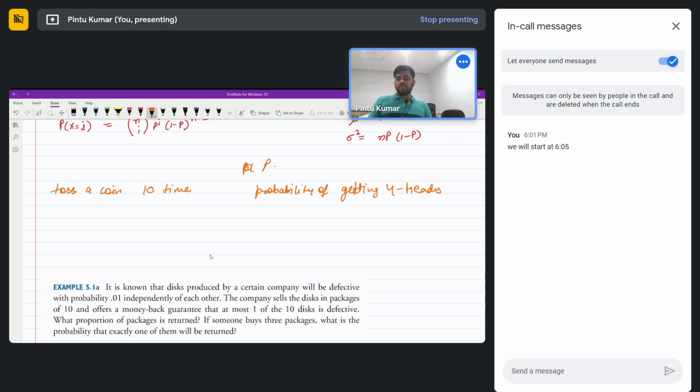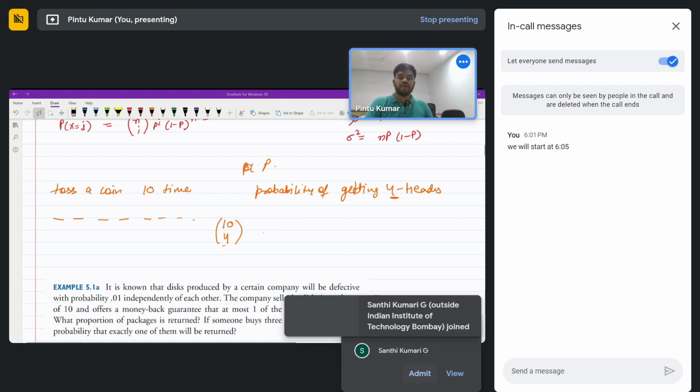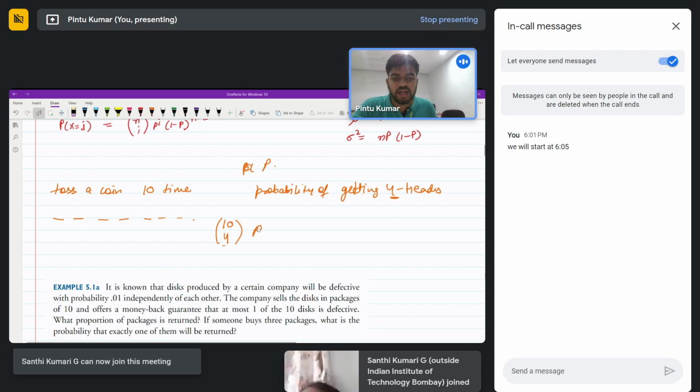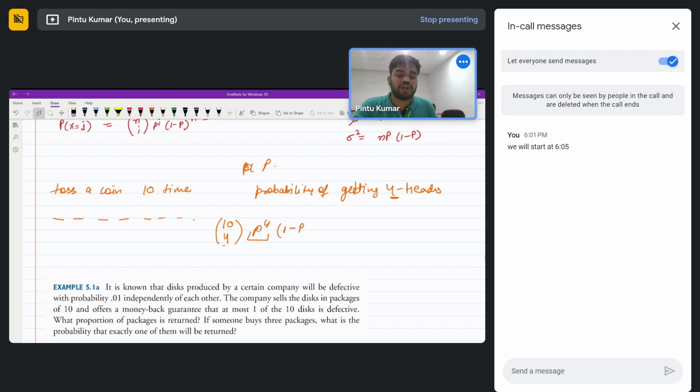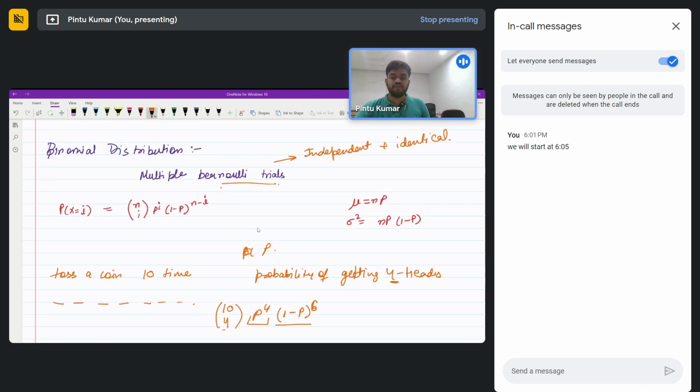You toss 10 times and you want head to occur at 4 positions. So you have 10 places to fill, and you choose 4 places among these 10 empty places, and the rest of them will be tails. You are getting head 4 times, that's why we raise p to the power 4, and you are getting tail for the rest of the 6 times, that's why we raise 1 minus p to the power 6. This is how the formula for the binomial distribution is motivated.